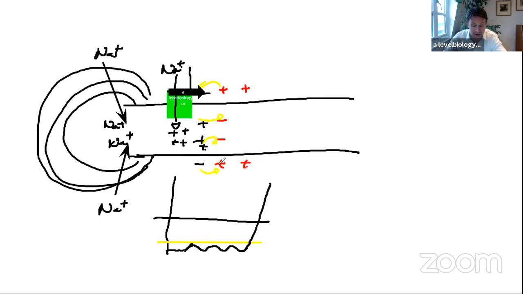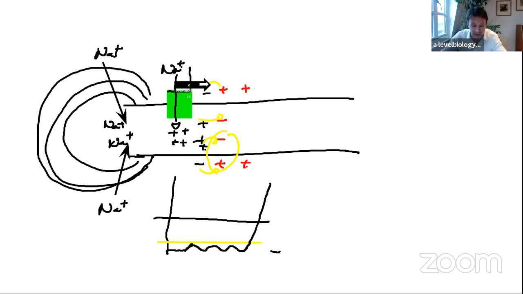So if we think about what the potential difference is at this point here, it's going to be below the threshold level. And as the sodiums move this way, because there's been an influx of sodiums because you've reached the threshold level and the voltage-gated sodium channel's open, those sodiums will be attracted this way along the axon.